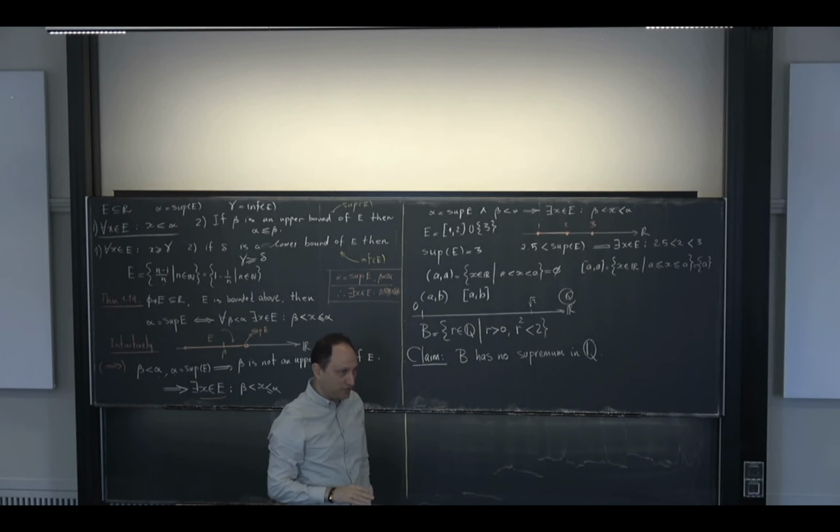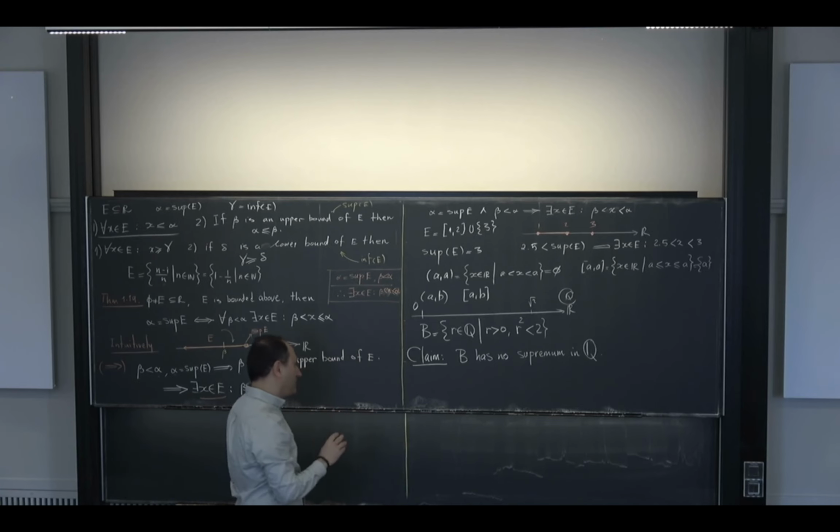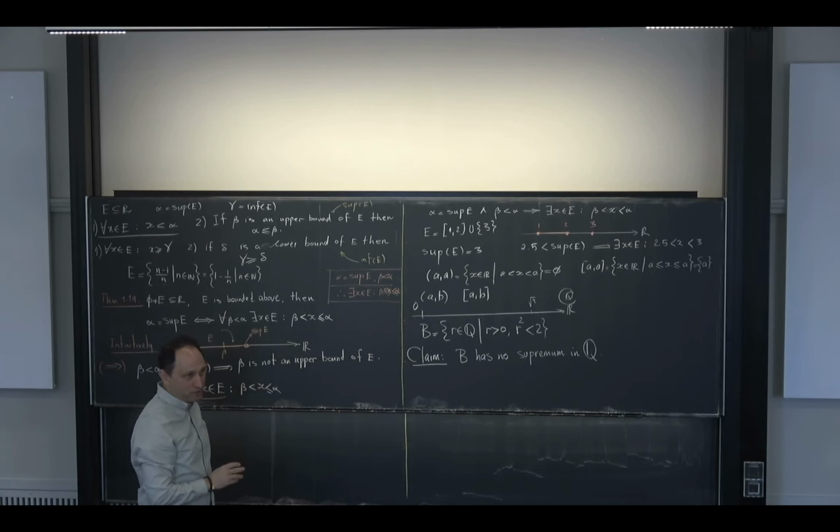That is our intuition. Intuition is somehow good in this course, but sometimes it is counterproductive, so you have to be very careful. I want to do it in a rigorous way.